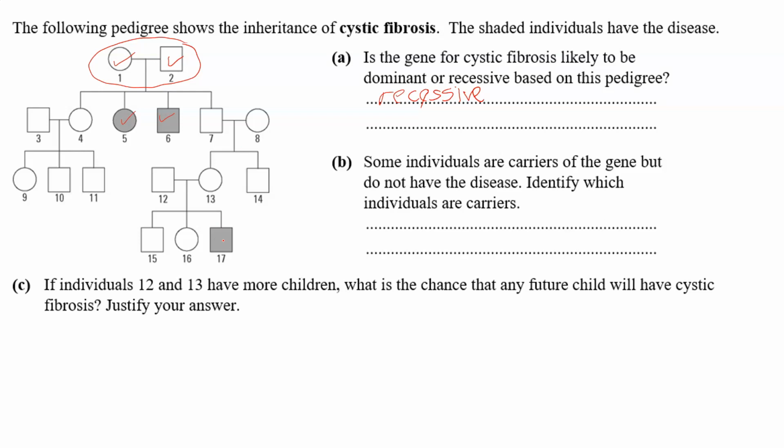Okay, now 17's got it, so we know that 12 and 13 must be carriers for 17 to get it. Now for that to have happened, for 13 to have it, then one would expect that 7 definitely inherited it from their parents.